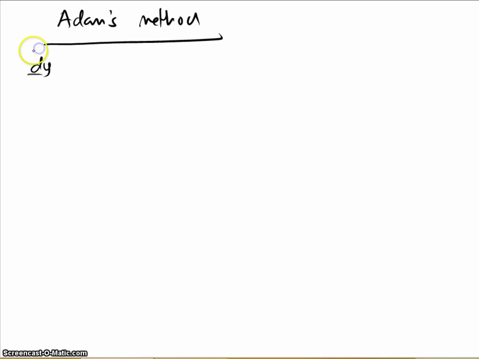What we want to do now is to look at another multi-step method, which is also known as Adams' method. Let's consider again the ODE that we have, and you're given this condition.